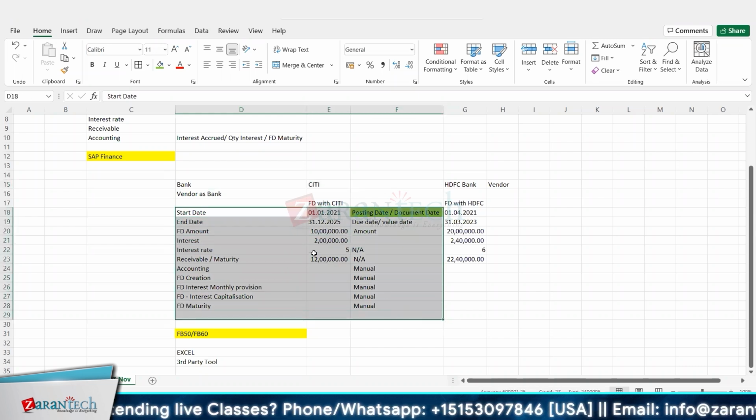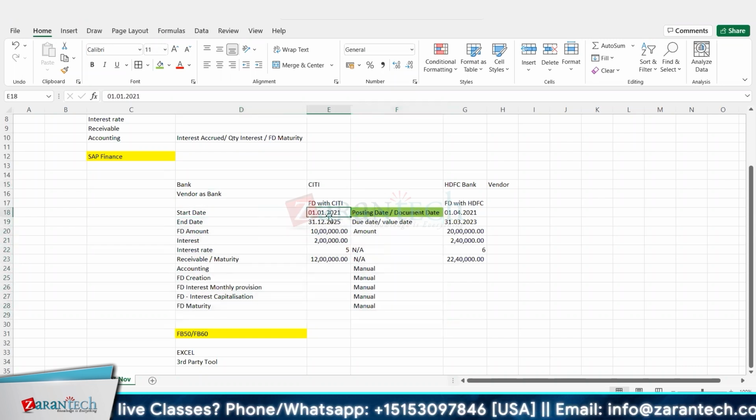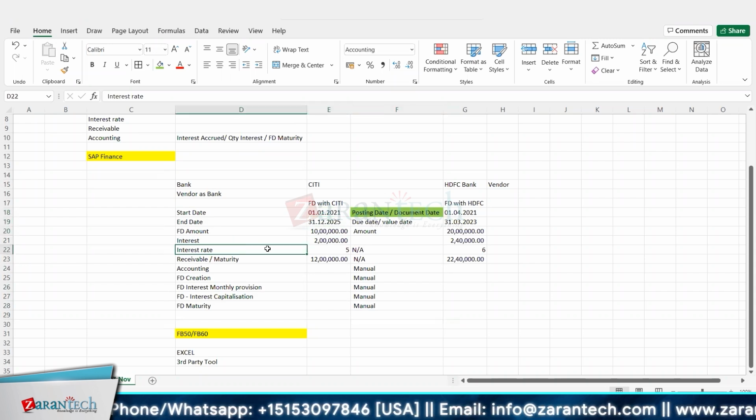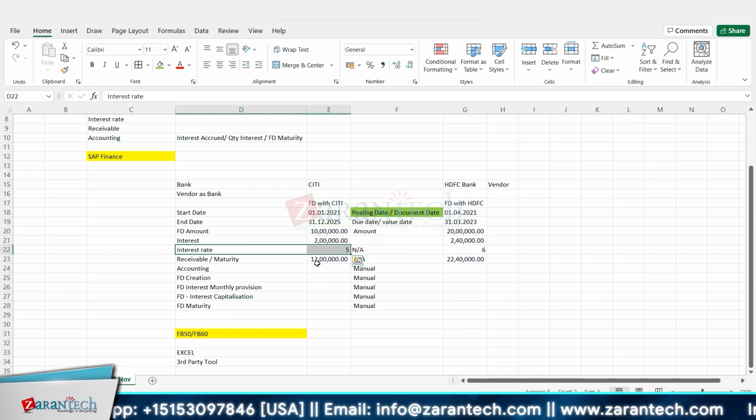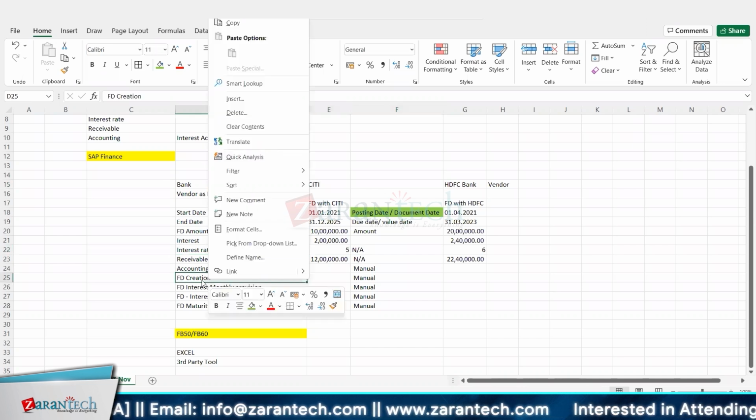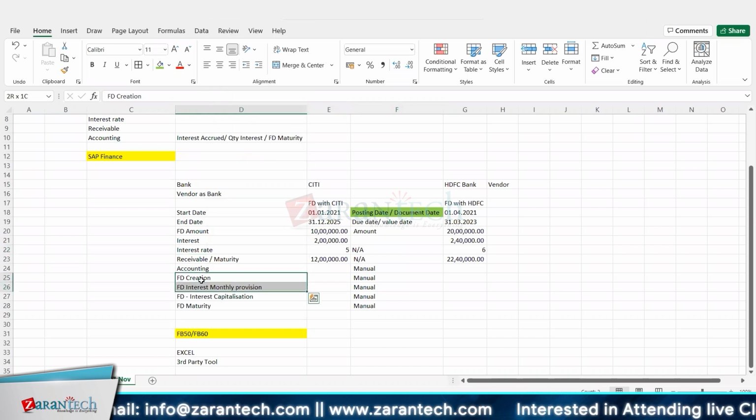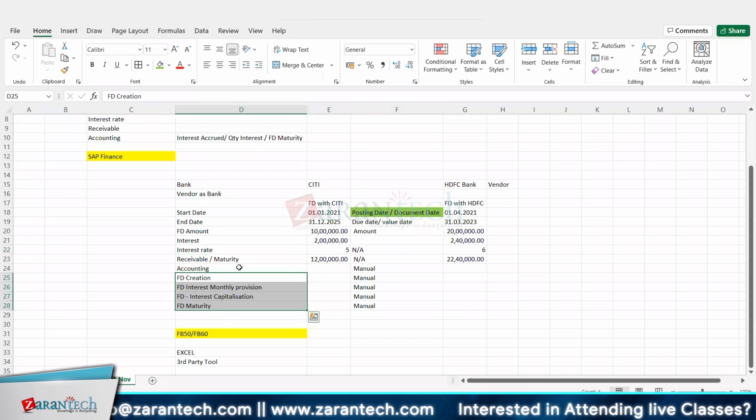You would be able to maintain the start date, end date, amount, and based on the rate of interest, the system will propose the maturity value of this fixed deposit, and automatically propose the accounting for the creation, interest, provision. All these things should happen automatically. So that's why we need a treasury module where you can have the complete visibility of your fixed deposit.